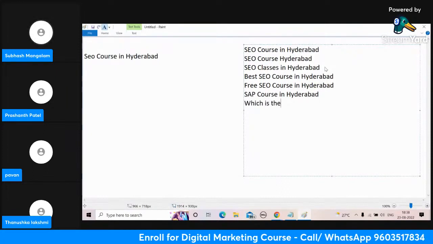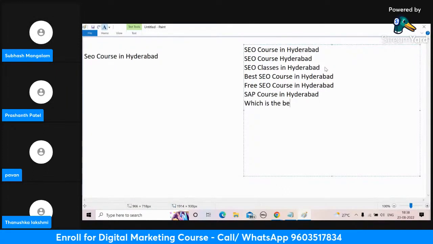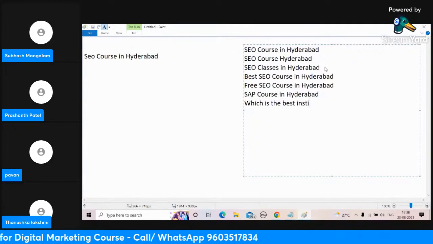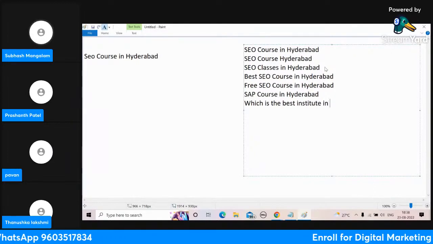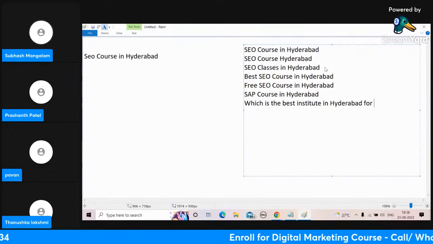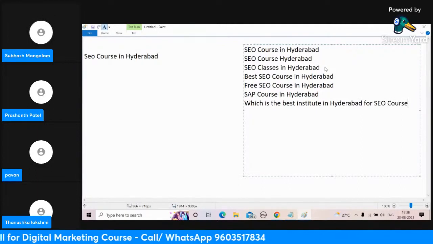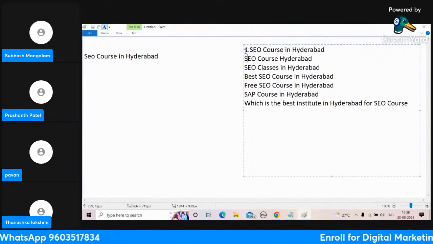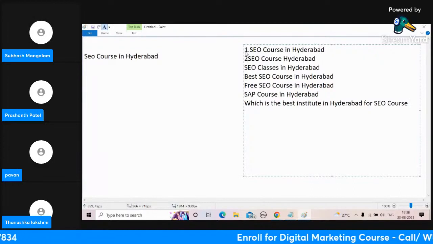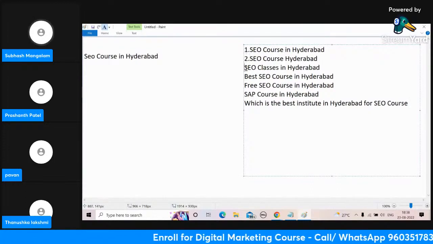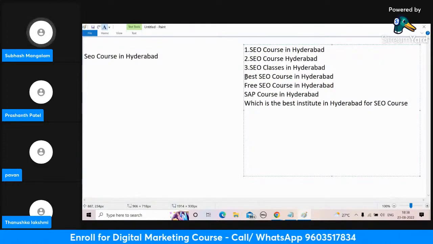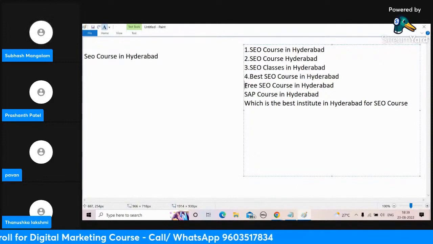Which is the best institute in Hyderabad for SEO course. This is another one. Let me take the numbers here. Now, these are the different search terms. We call them search terms. People are searching these keywords.